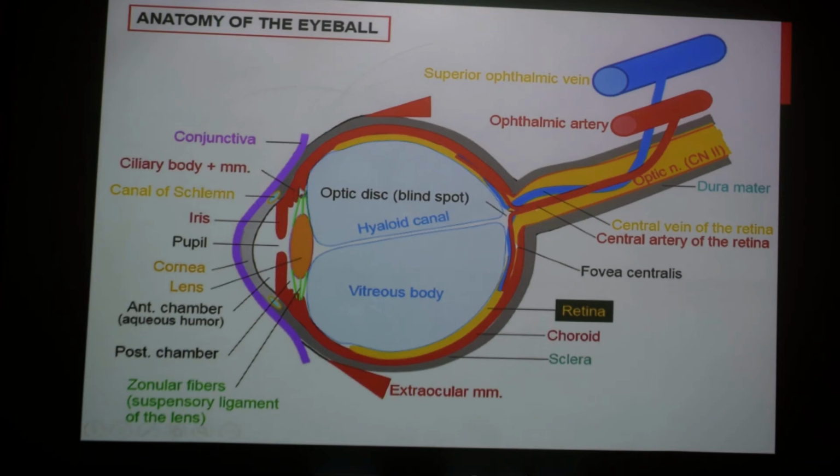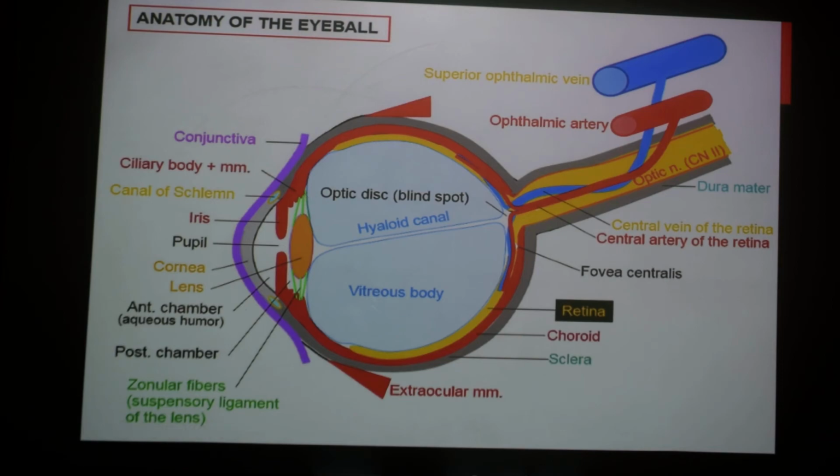It has a muscle which is called the ciliary muscle. When the ciliary muscle is going to contract, it is going to stretch these ligaments, which are the suspensory ligaments attached to the lens, and this will make the lens more flat.